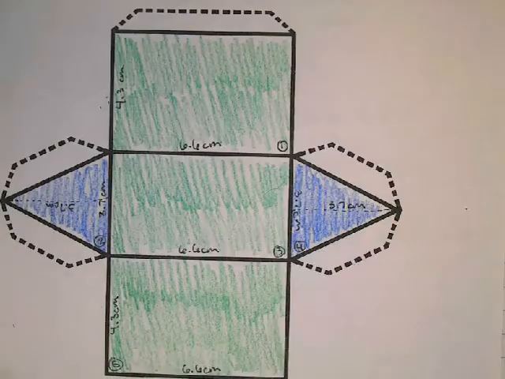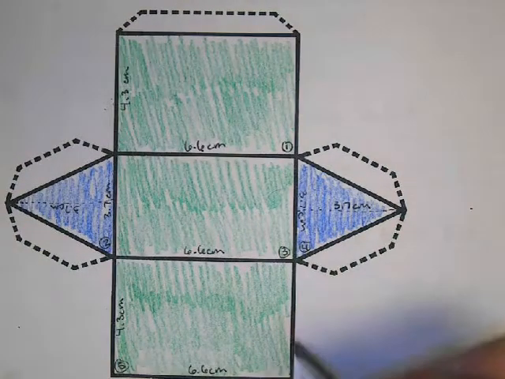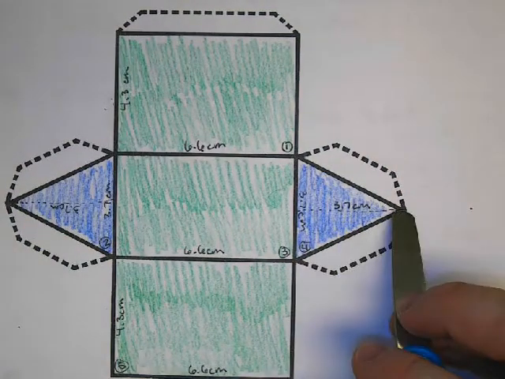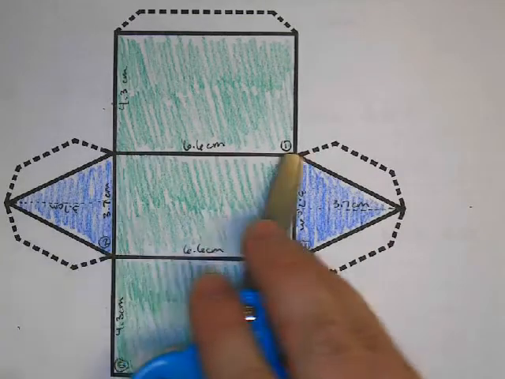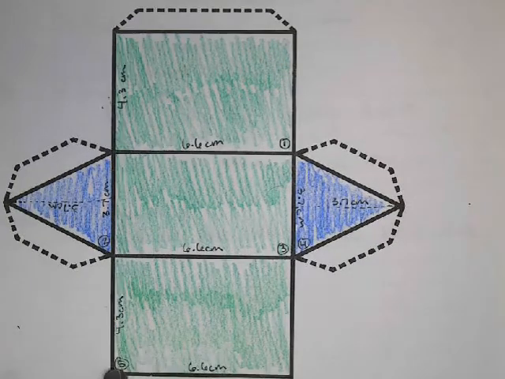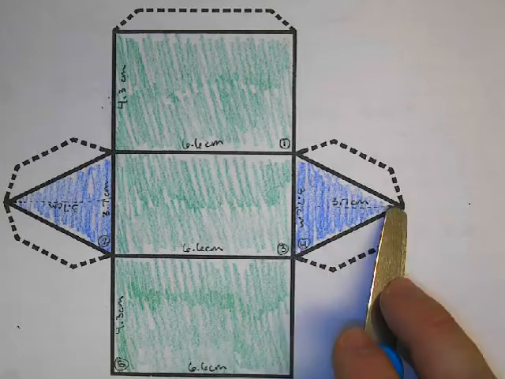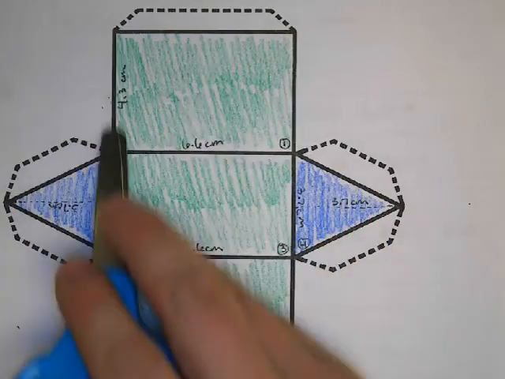So we're going to take our prism, I'm going to be cutting along the solid black lines. So along the outside of the solid black lines. Do not, I repeat, do not cut across these lines right here. Only along the outside and on the solid black lines along the outside.